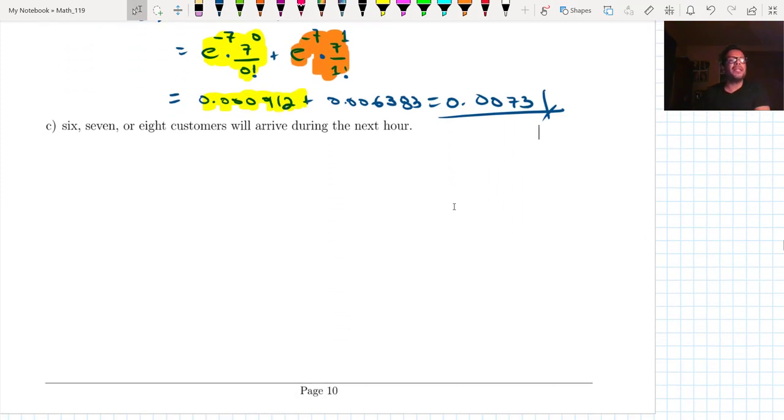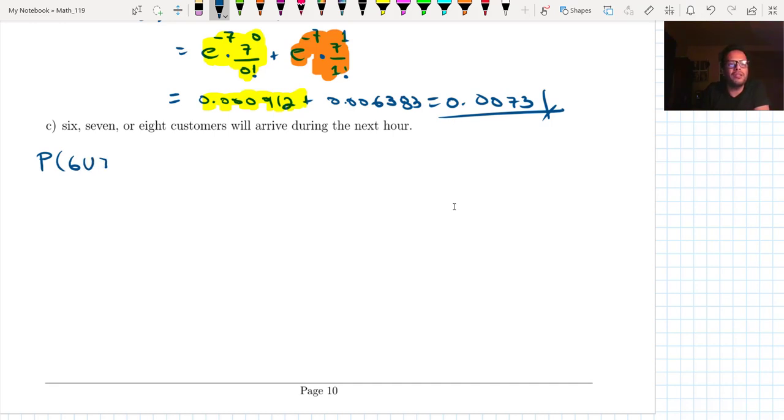Find the probability that either 6 or 7 or 8 customers will arrive during the next hour. There are two different ways to denote this. Number one, the probability of 6 union 7 union 8, which I didn't do when I did the binomial example.